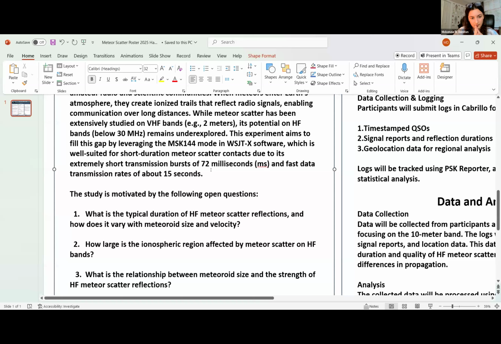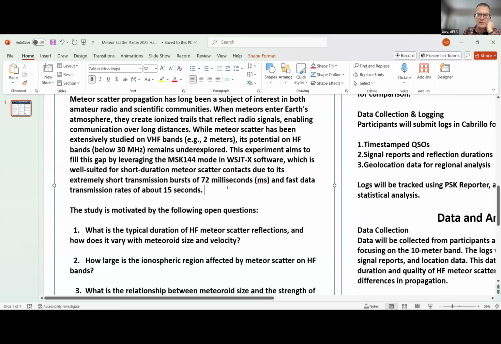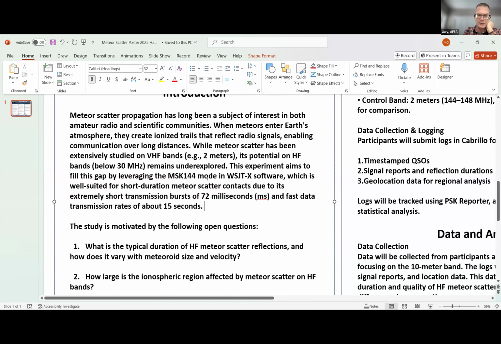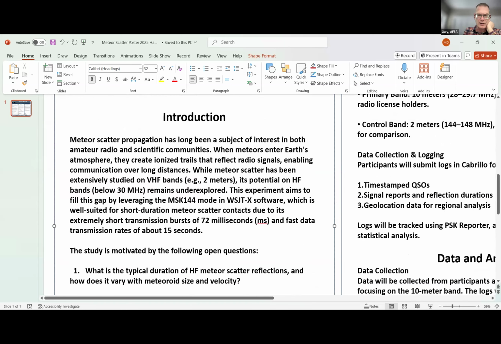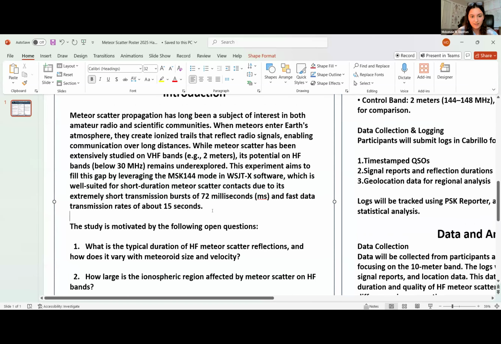Okay, I see. Is that a good description of MSK 144? That the transmission bursts are 72 milliseconds for sure, but they're repeated very, very frequently. So it's not 72 milliseconds and then you wait for 15. I think there's a series of bursts that are 72 milliseconds long, and they're repeated because obviously the meteor scatters are so fleeting. So what's the 15 seconds? That's just how long it takes to cycle through, right, for the MSK? Unless I got that completely wrong.